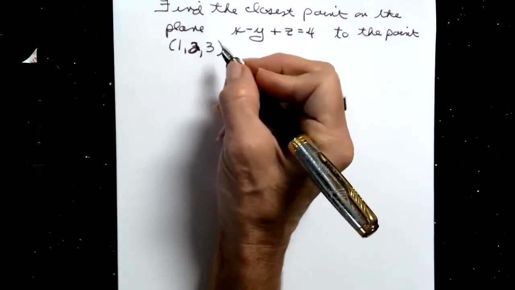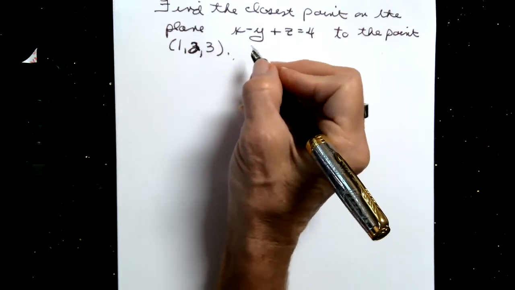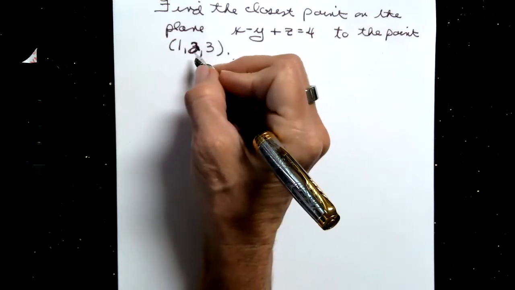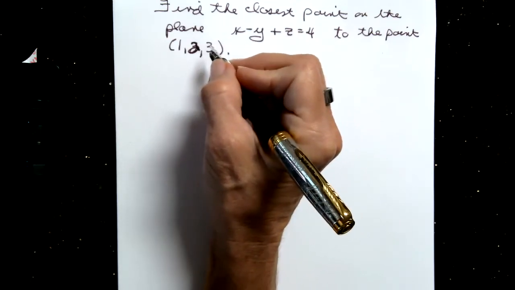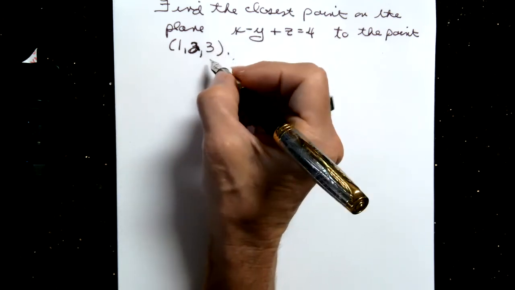Well, to find the closest point on the plane to this point, what we want to do is minimize the distance from the plane to that point.